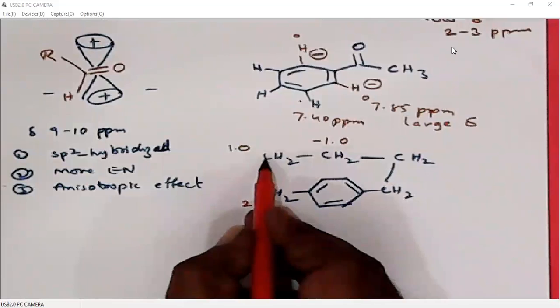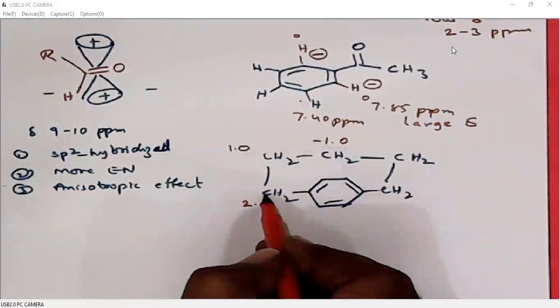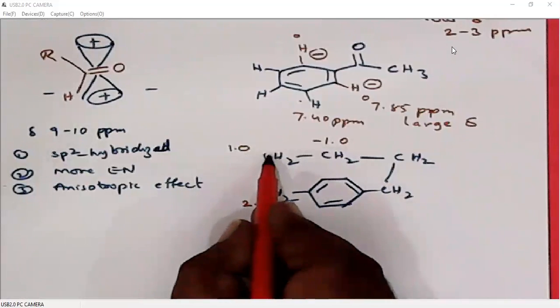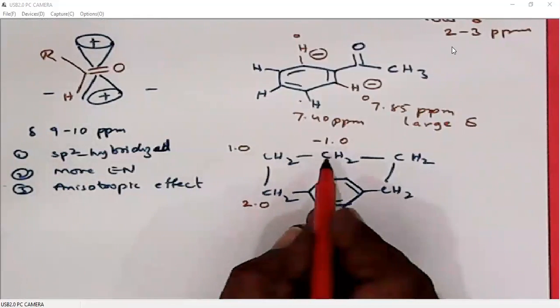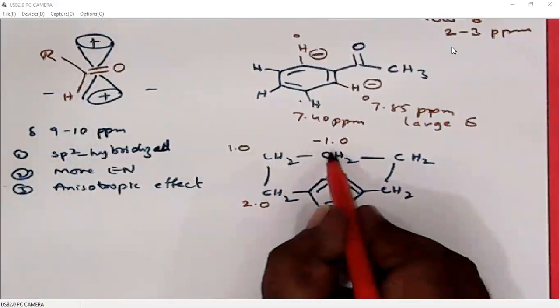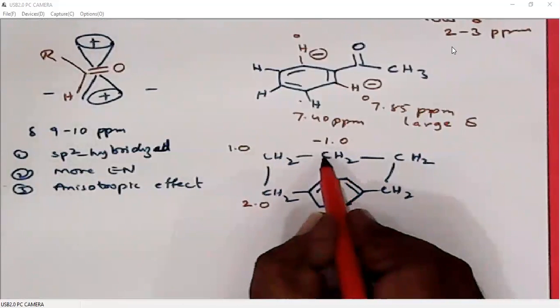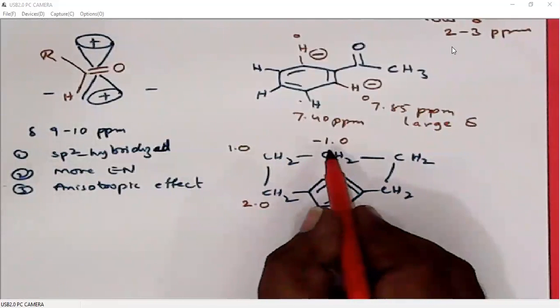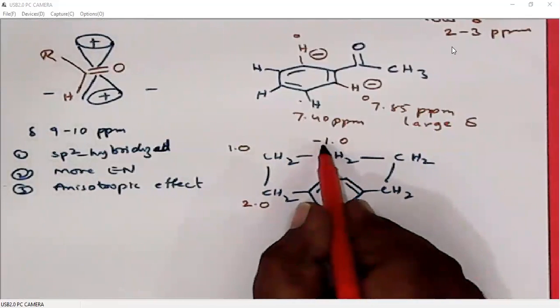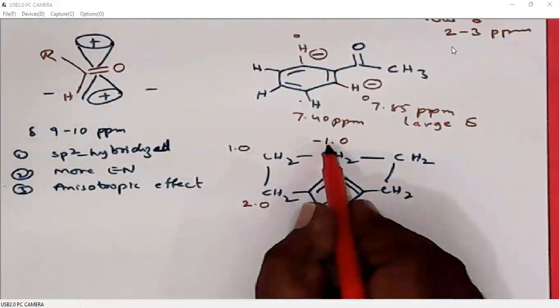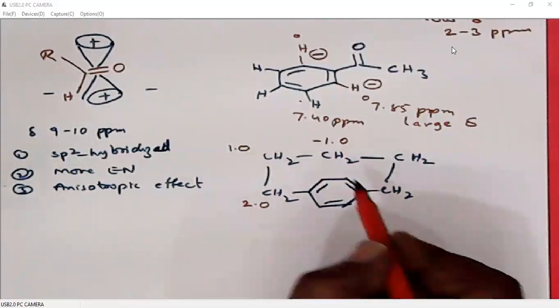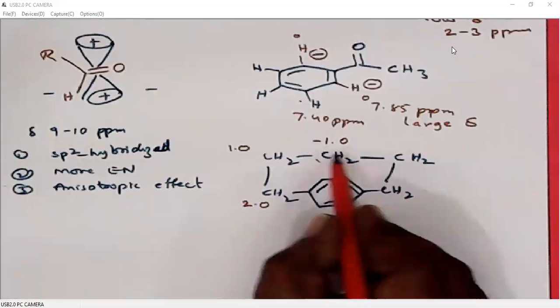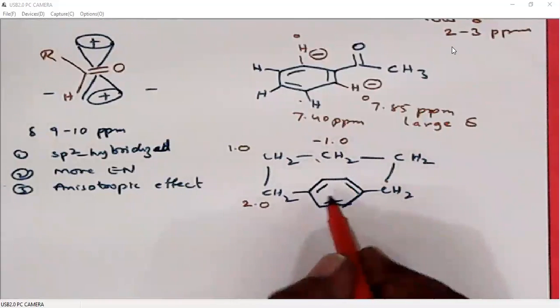Then this carbon, which is attached to an sp3 hybridized carbon, will appear around 1 to 2 ppm, as in general alkanes. By analogy, we also expect these protons to appear between 1 to 2 ppm or 0.5 ppm. But in reality, it is giving -1 ppm. The reason is that these protons are present exactly in the shielded region.